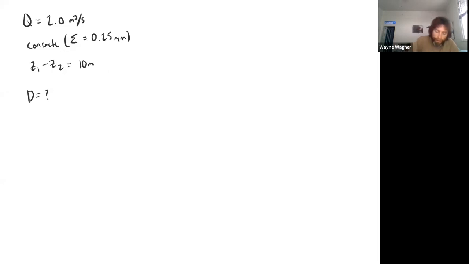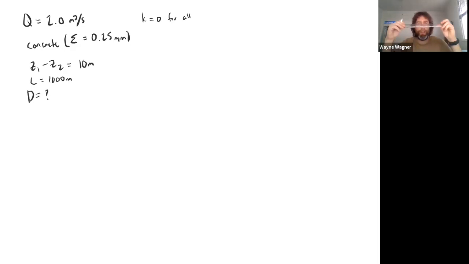And the pipe length is 1,000 meters. Then it says neglect minor losses, so K equals 0 for everything.